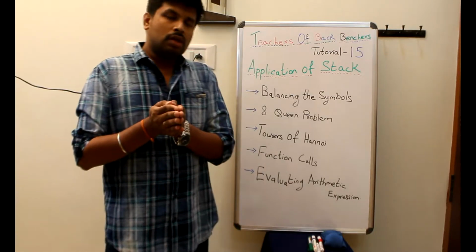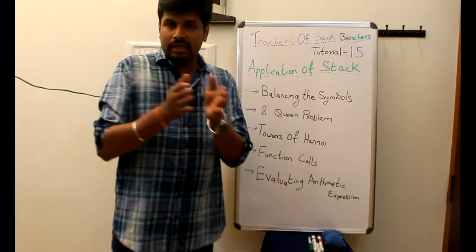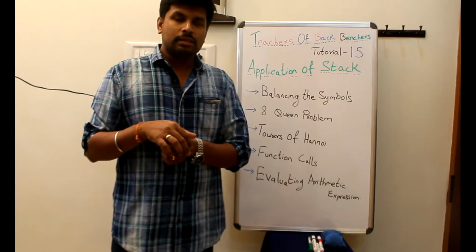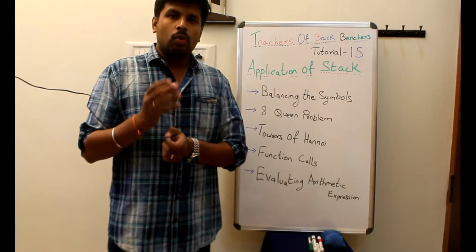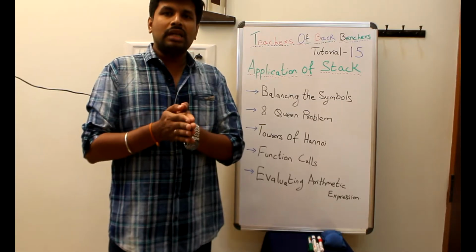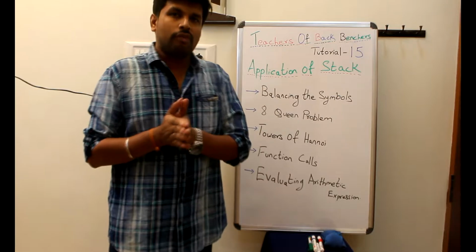What we have to do is replicate the same arrangement in another tower by moving one disc at a time. The condition is that the smallest disc must be on top and the largest disc must be at the bottom in all cases. So this is Tower of Hanoi.